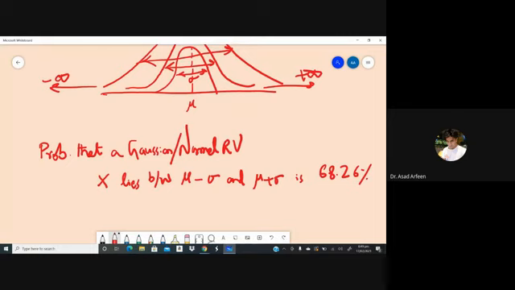And in the same case, the Gaussian random variable lies between mu minus 2 sigma and mu plus 2 sigma. Will it be greater or less?